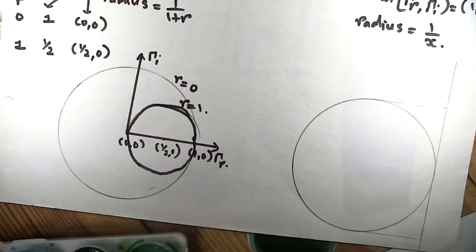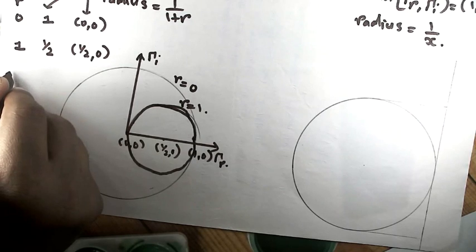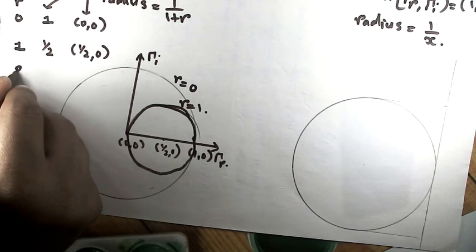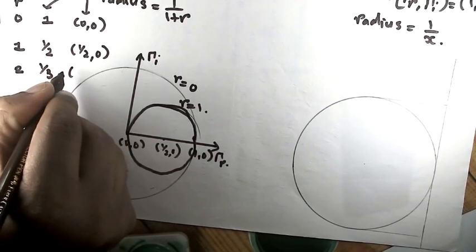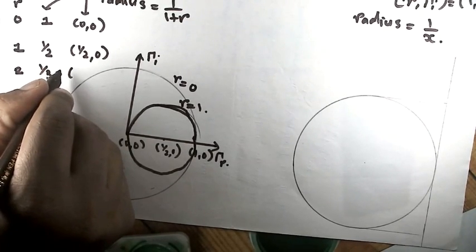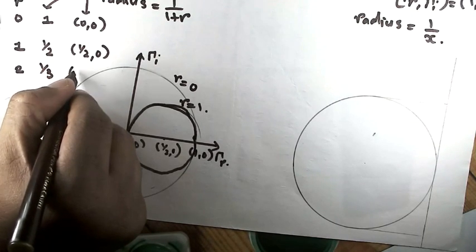In the same way, if I use a typical value r equal to 2, for example, then the radius becomes 1 by 3, and the center will be at the point 2 by 3 and 0.